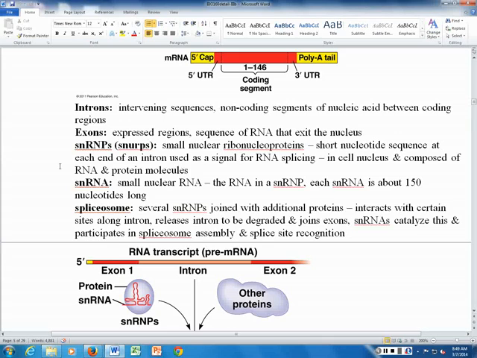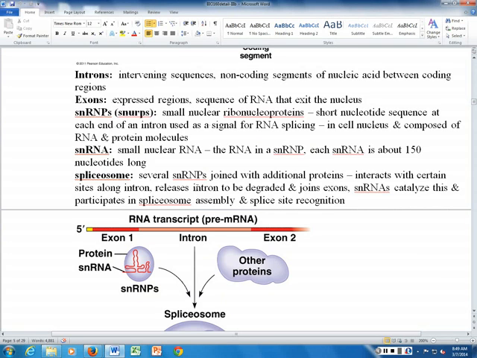The small nuclear RNA are in a SNRP, and each small nuclear RNA is about 150 nucleotides long. So the spliceosome is going to be several SNRPs joined with additional proteins that interact with sites along the intron and help to determine what's going to be degraded and what's going to join for exons.